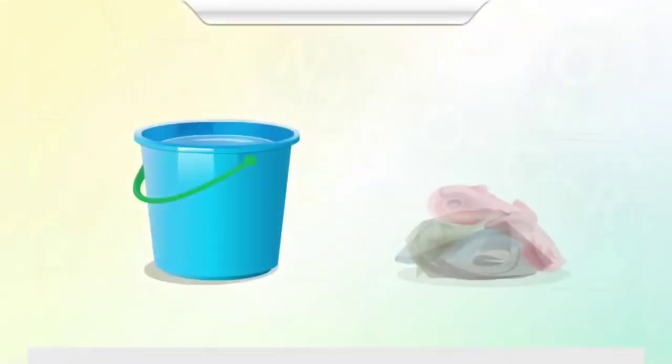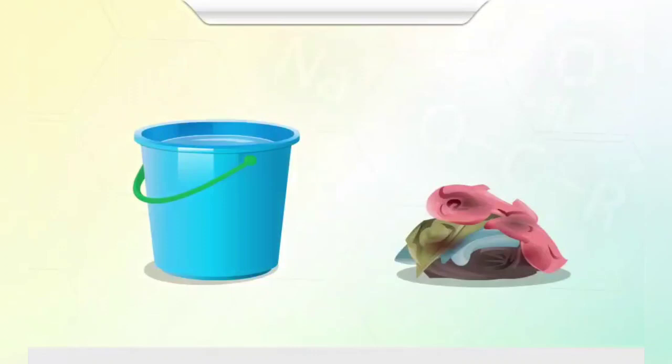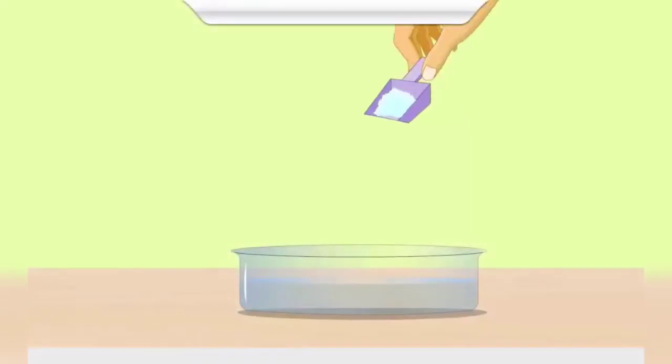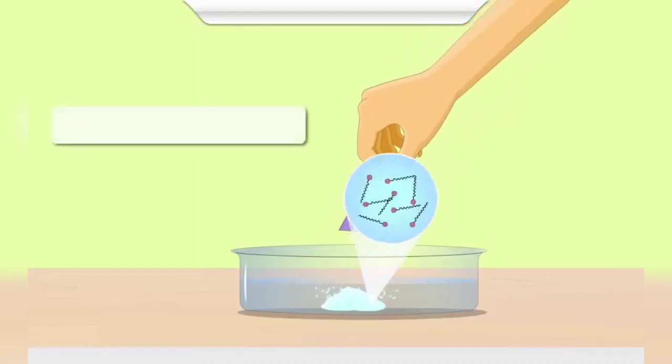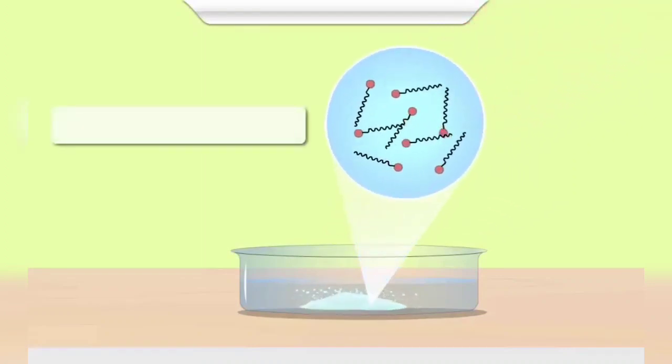If you've ever tried washing dirty clothes or greasy dishes in plain water, you'll know that it doesn't get rid of the dirt. That's because grease and dirt are organic in nature and insoluble in water. When soap is dissolved in water, the soap molecules act as dirt removers.